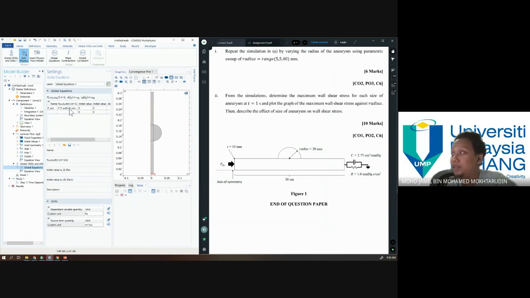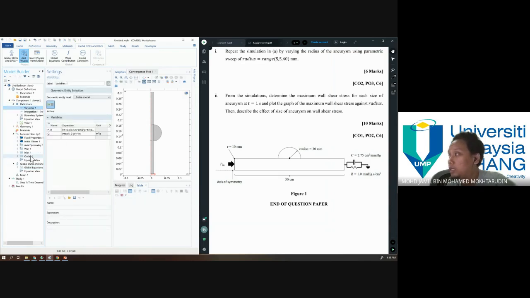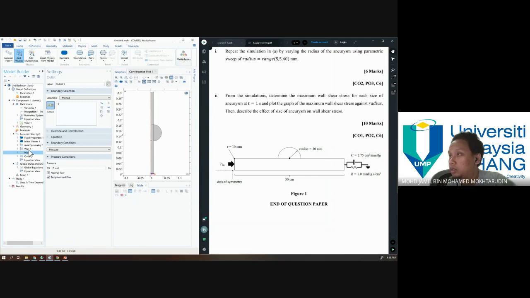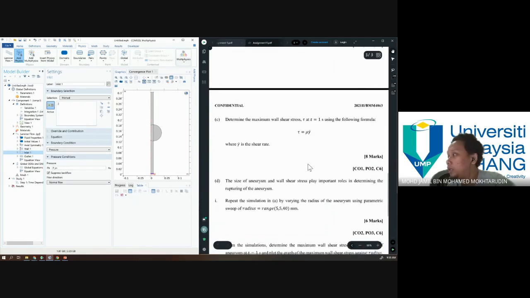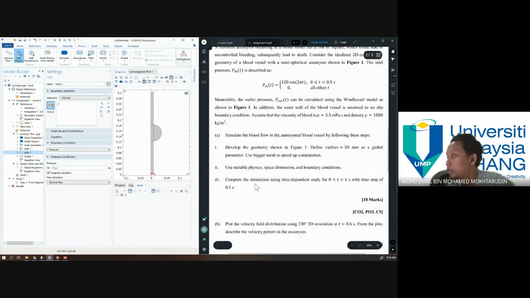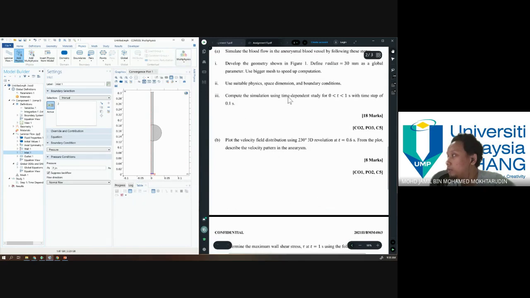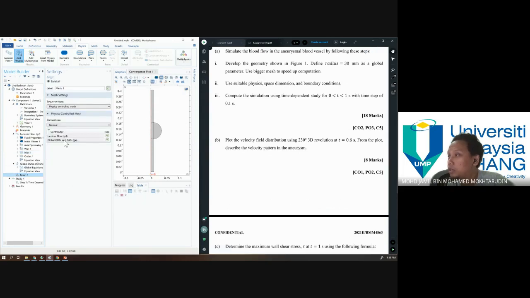So just now it was yellow. And then check again anywhere else if there is any yellow color. So no more. Then we can go to computing. So use a bigger mesh. Okay, so firstly use a bigger mesh. By default it's a normal mesh, which is very fine.